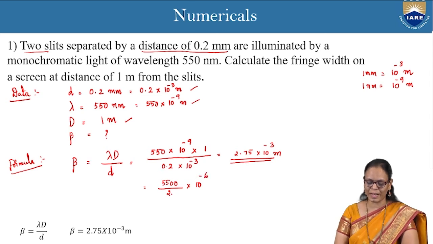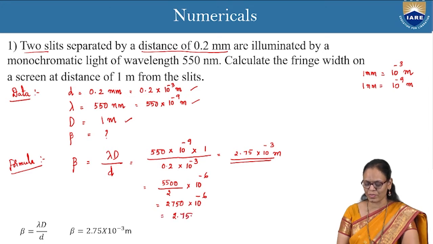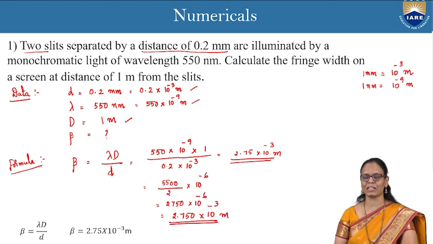So 550 by 2, we can write it as 2750 into 10 power minus 6. When you shift the decimal places, you can write it as 2.750 into 10 power minus 3. This is in meter because we have converted everything into meter.